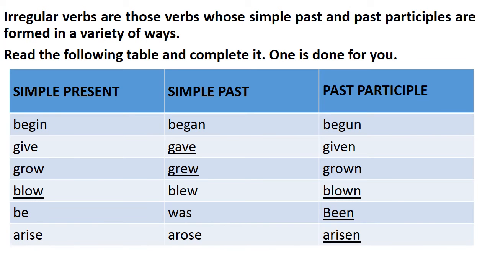Now children, this exercise comprises irregular verbs. Let us see what irregular verbs are. Irregular verbs are those verbs whose simple past and participles are formed in a variety of ways. Variety of ways means it is in different forms.